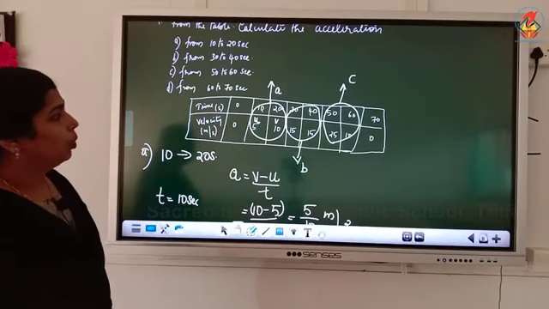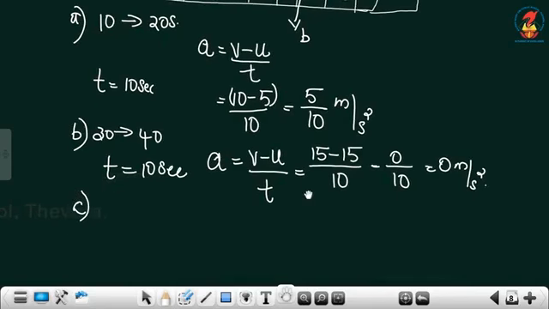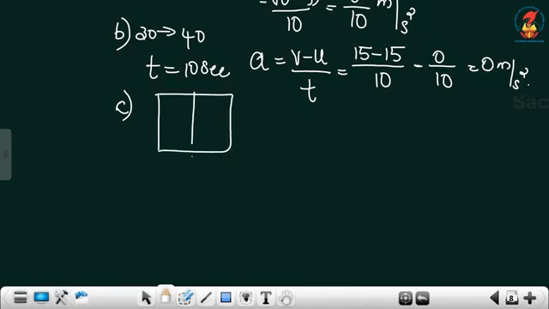Now, what's the time interval? 60 minus 50, that is equal to 10. I will draw the box down, otherwise you will not be able to see it on the board. This one is 50, this one 60, 25, 10. This one is velocity, this one is time.